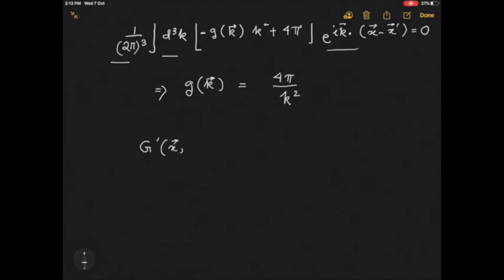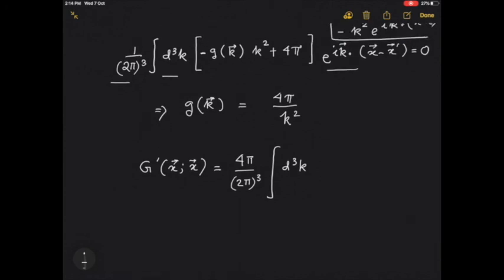So I can now write g prime as 4 pi by 2 pi whole cube, the volume integral over k, of 1 by k square, e to the ik dot x minus x prime, and that's it.